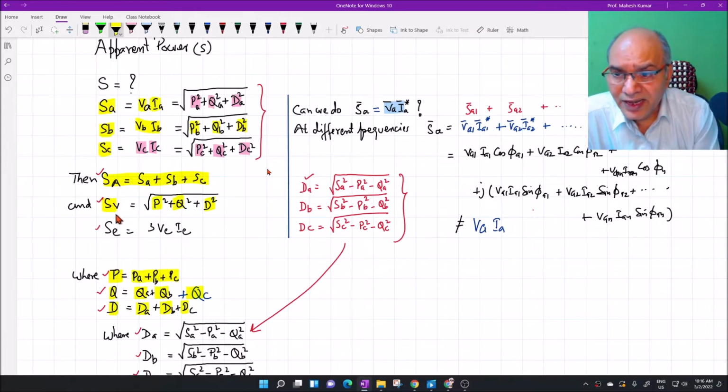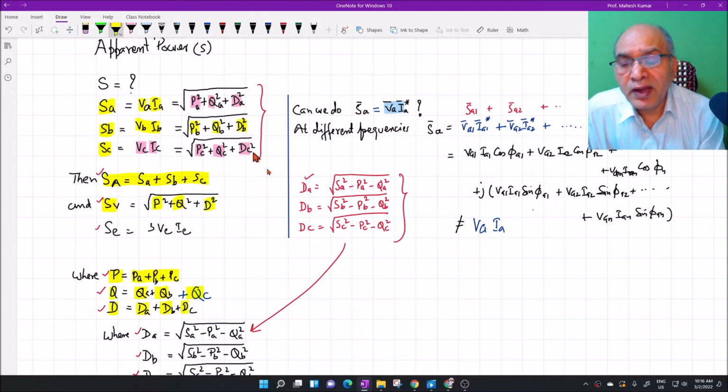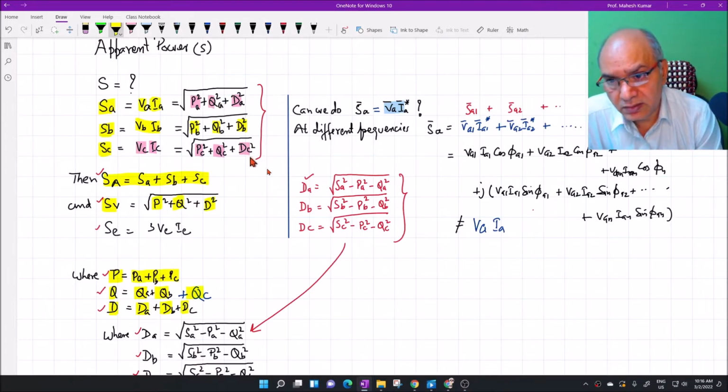Okay, but SB is the square root of P square plus Q square plus D square, and they are not equal, because the Q is the sum of QA plus QB plus QC, that may have considered the sign of each reactive power. So obviously SB will be less than or equal to SA.